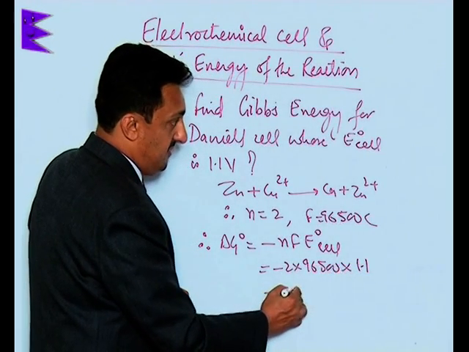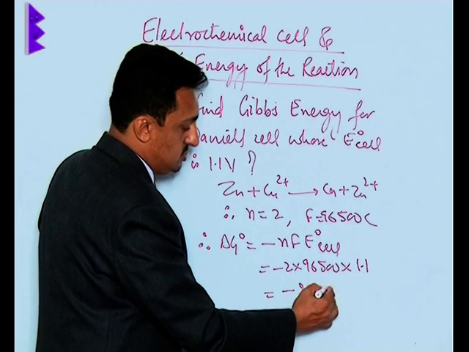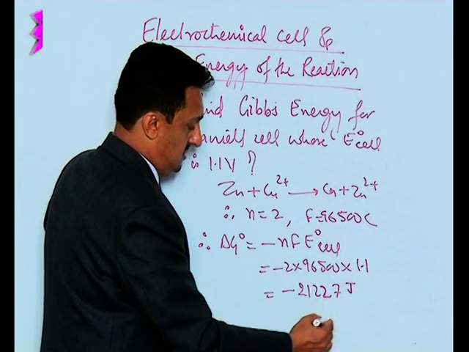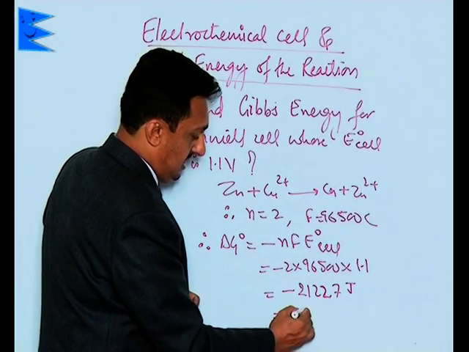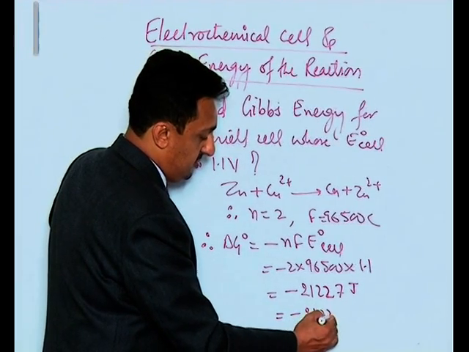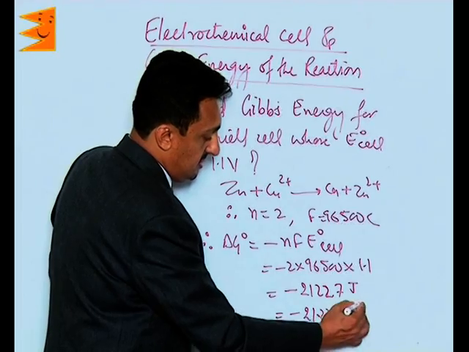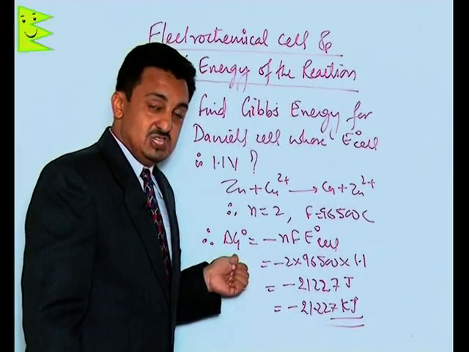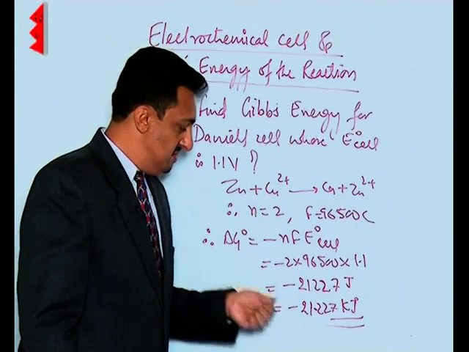When we do the product, we get 212... 21227, which will be in joules, and the answer can be written as minus 212.27 kilojoules.